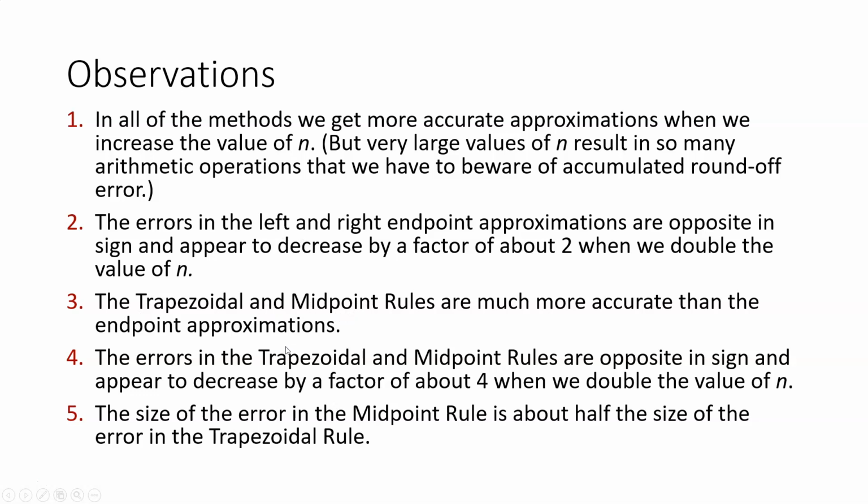And we noticed that the errors in the trapezoidal and midpoint rules were opposite in sign, and they appeared to decrease by a factor of about 4 when we double the value of n. So it was much more effective to use trapezoidal or midpoint rules to get a more accurate approximation. When we increased the number of rectangles, it had a much better result. And the size of the error in the midpoint rule is about half the size of the error in the trapezoidal rule. So the midpoint rule perhaps was twice as effective.